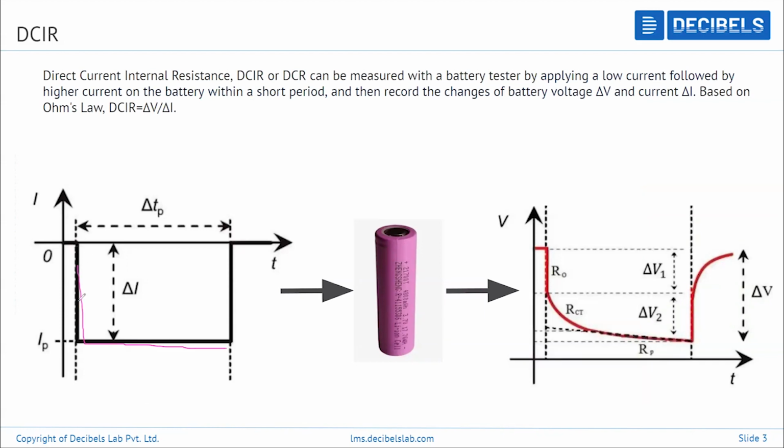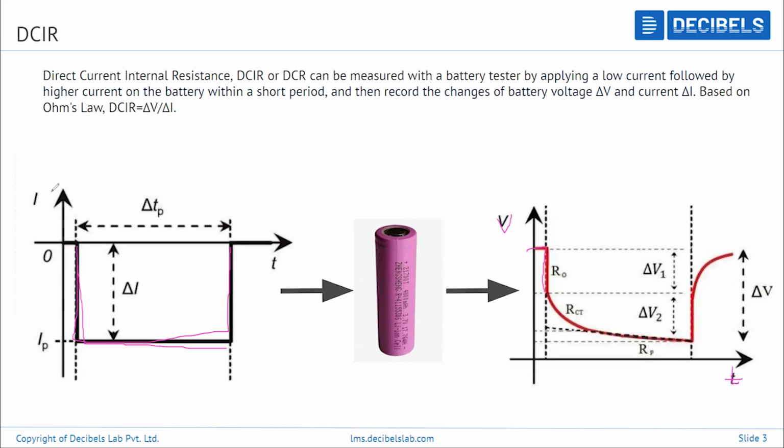You can see this profile. This is nothing but a current profile represented in the graph. And this is the output, voltage versus time, that is the response from the cell. So this is how the voltage response is going to appear.